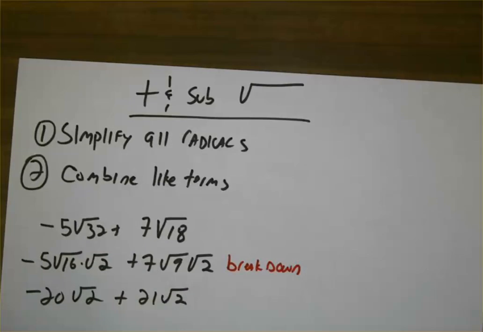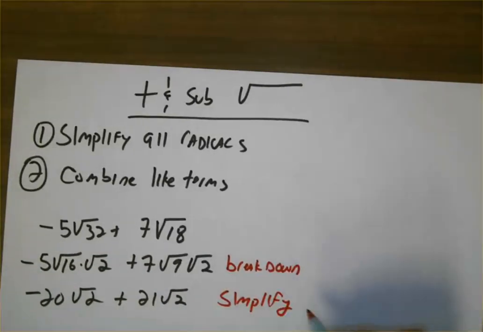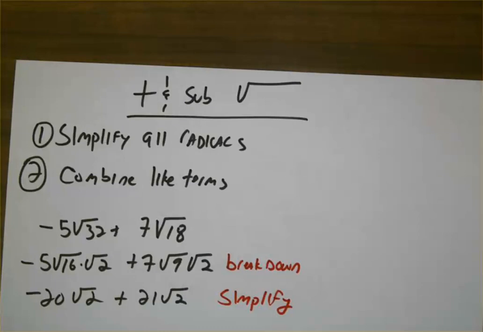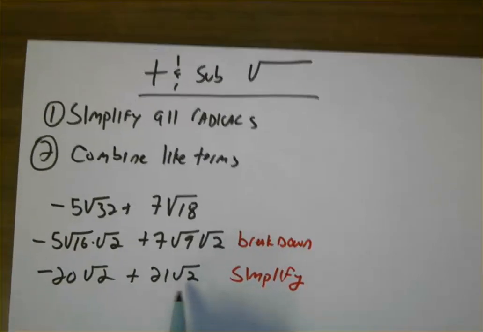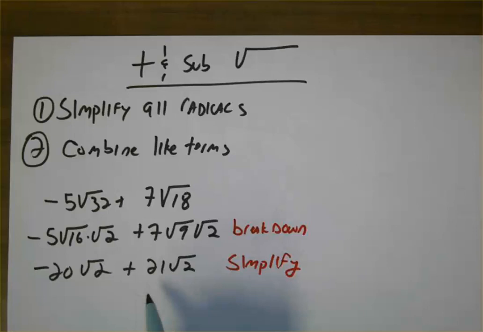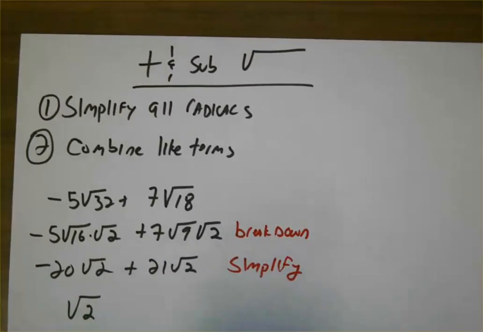Now look for like terms. Negative 20 radical 2 and positive 21 radical 2 is just like negative 20x and 21x, so this becomes just radical 2. Make sense? That's how you add or subtract. I can show you a subtraction one, but for the sake of time and since it's the same thing, just combining your like terms, I won't.